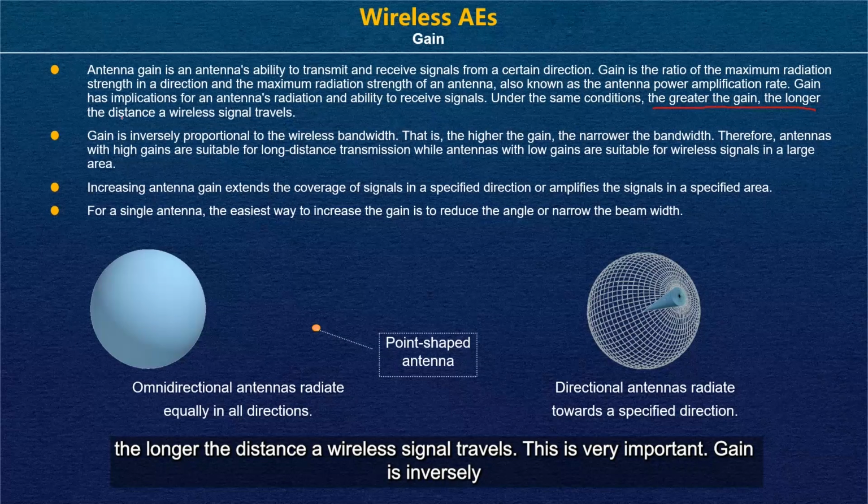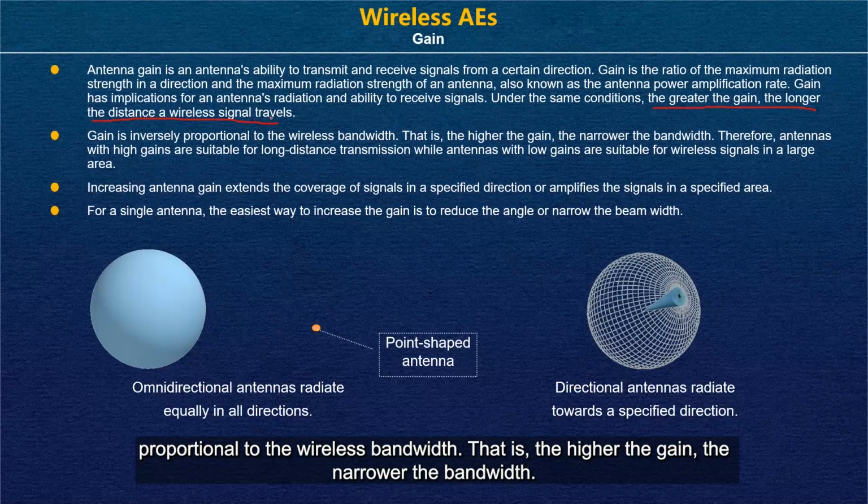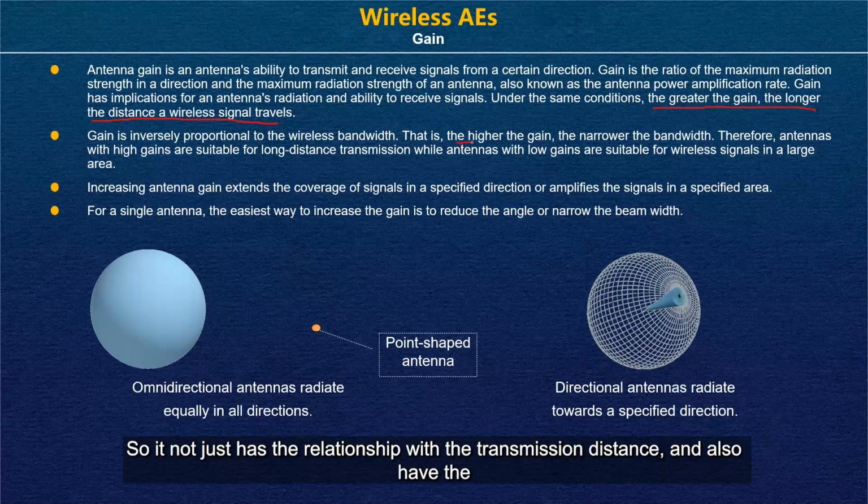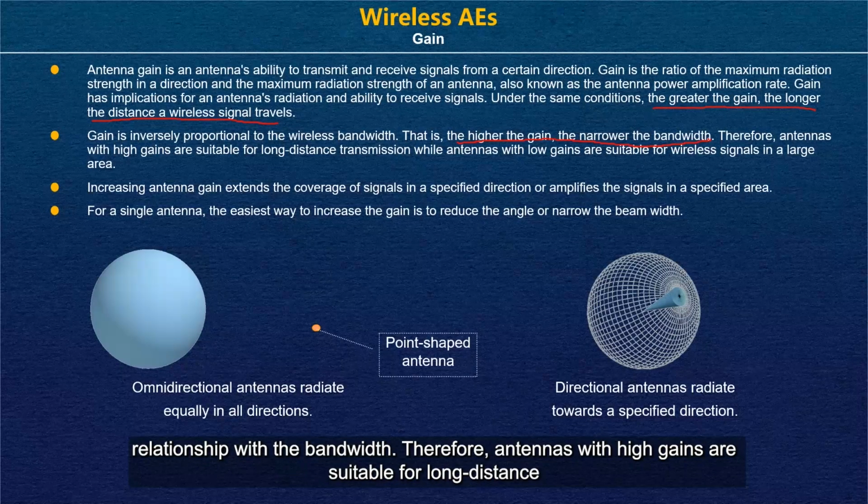This is very important. Gain is inversely proportional to the wireless bandwidth. That is, the higher the gain, the narrower the bandwidth. So again, it not only has a relationship with the transmission distance, it also has a relationship with the bandwidth.